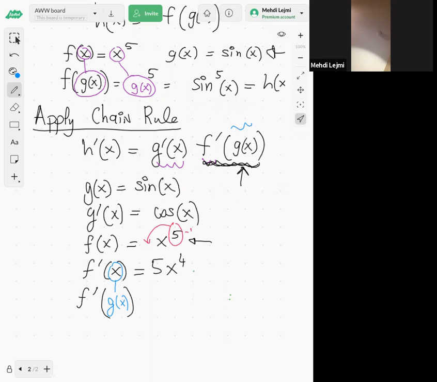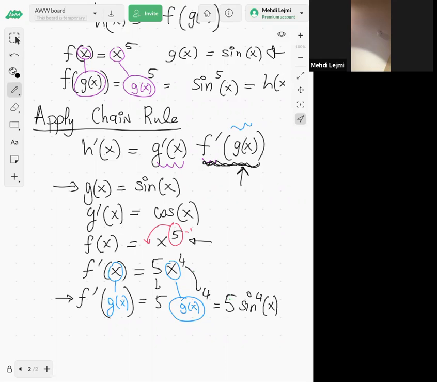So that will be equal to 5 g of x to the power 4. What's g? G is sine, so it's sine of x to the power 4. That's my f prime of g.